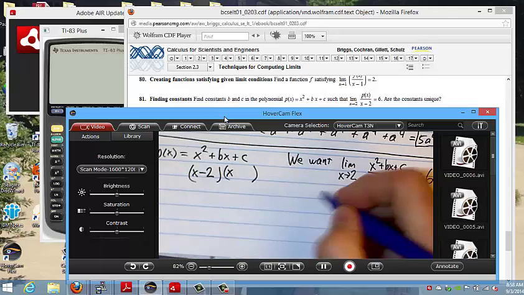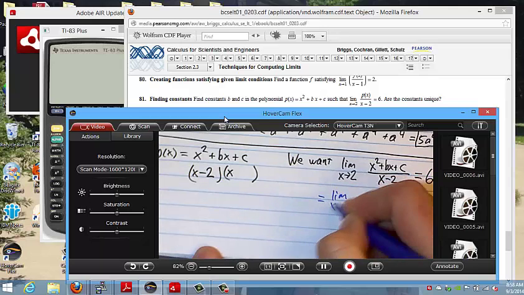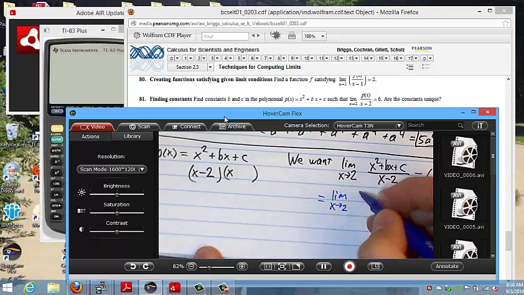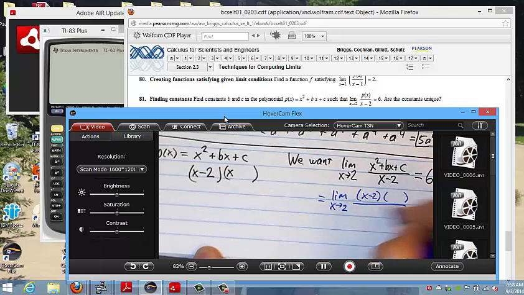How? You're going to write limit as x approaches 2 of x minus 2 times something over x minus 2. I don't know what it is yet. But these x minus 2's are going to cancel.